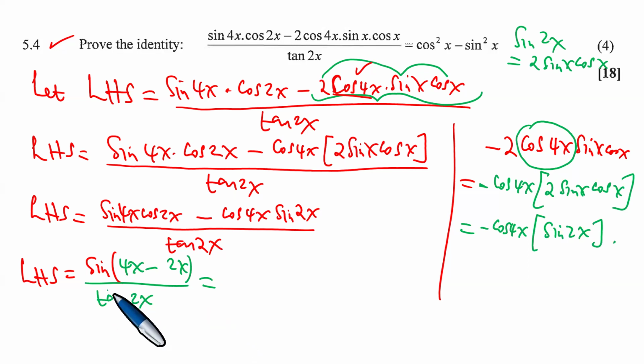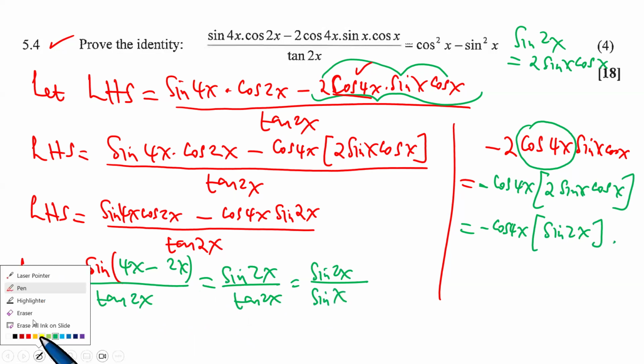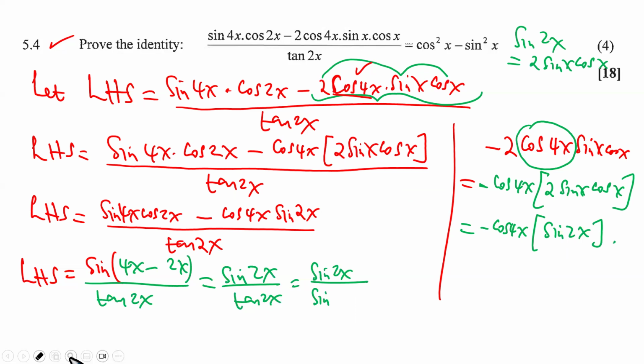And then now this point is equal to, what is 4x minus 2x? Is 2x over the tangent of 2x. The tangent of x is the same as sine over cosine, so it is exactly the same as sine 2x over cosine 2x for the denominator.